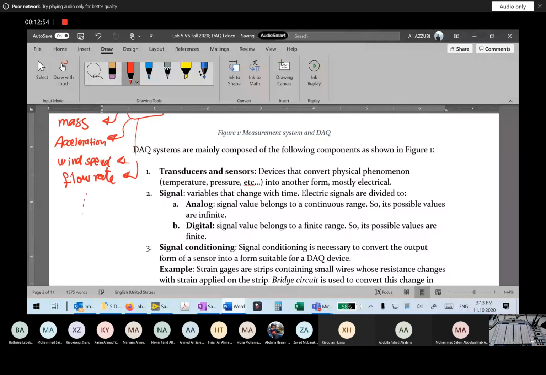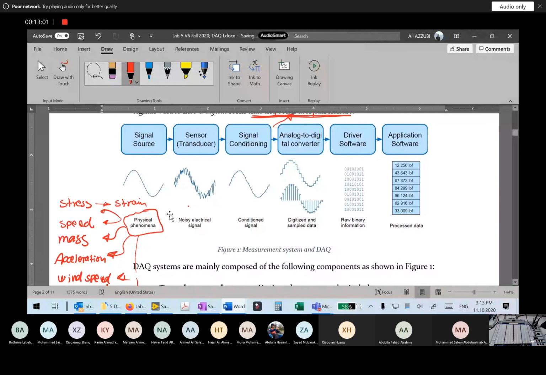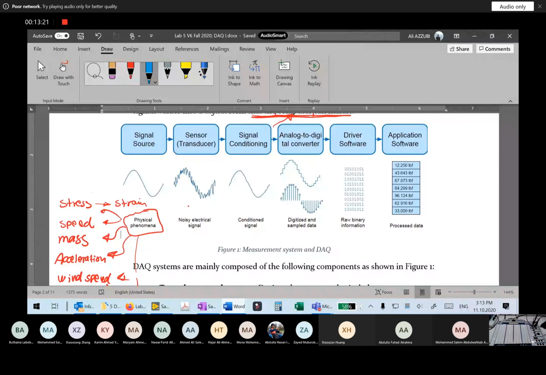Now for each one of these variables or physical phenomena, we have a sensor. The sensor simply converts this physical quantity or physical variable into a variable that I can acquire by a computer.